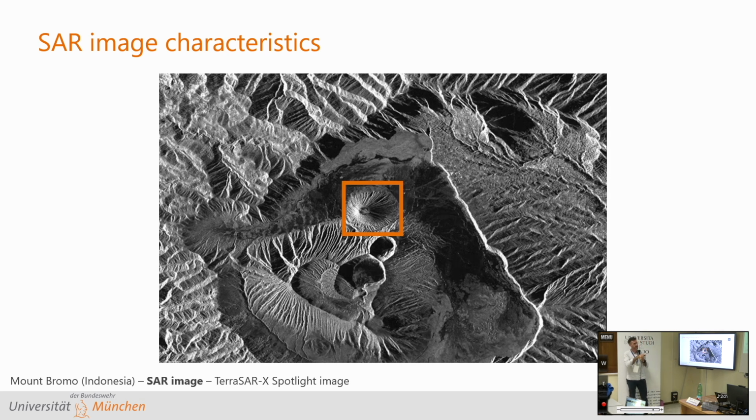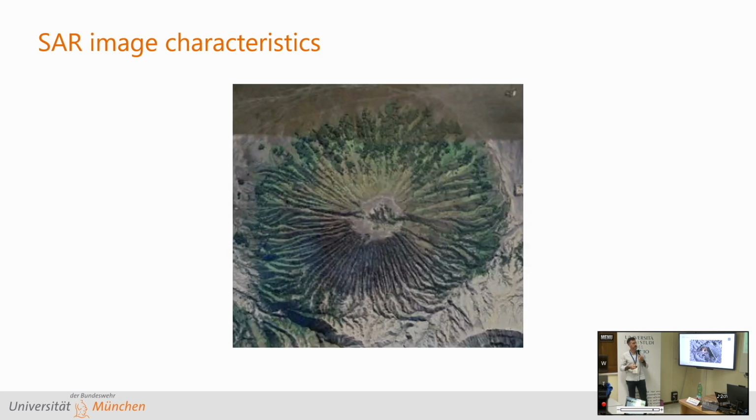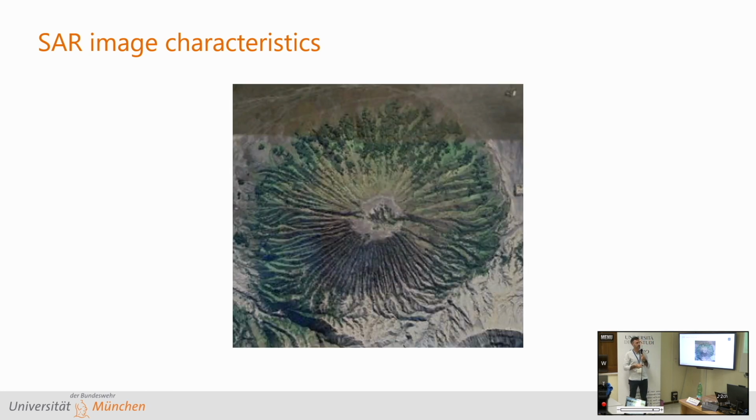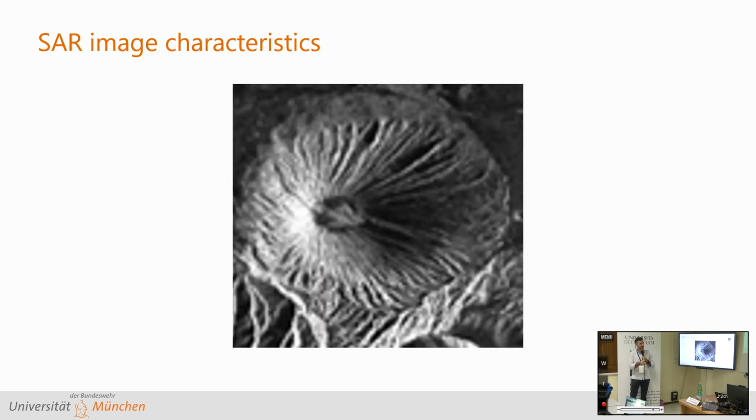So let's just focus on this area here. This is the Mount Bromo again. This was in the optical image, and this is what looks in SAR. So if we go back and forth, we notice that I tried more or less by hand to align the two images so that the two circles look similar, so that the extent of the base of this mountain looks similar.